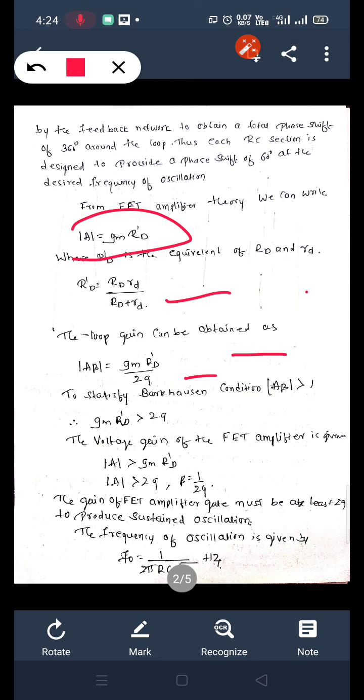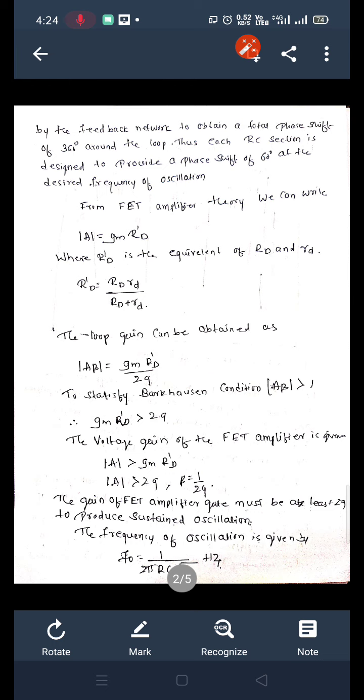The gain of the FET amplifier must be at least 29 to provide sustained oscillation. The frequency of oscillation can be calculated by the equation f0 = 1 / (2πRC√6) in hertz. This is about the RC phase shift oscillator.